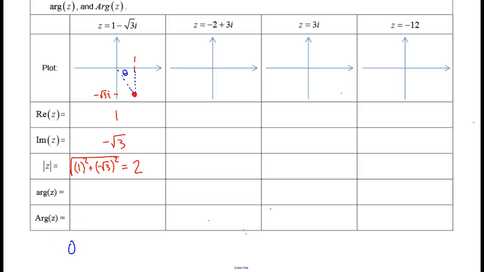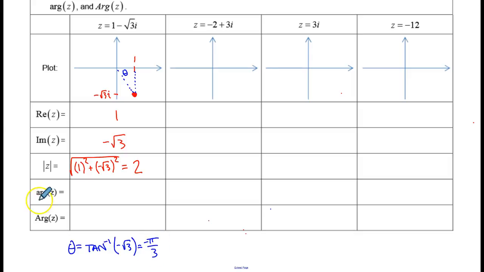So theta is going to be equal to the inverse tangent of negative root 3. And the inverse tangent of negative root 3 is negative pi over 3.